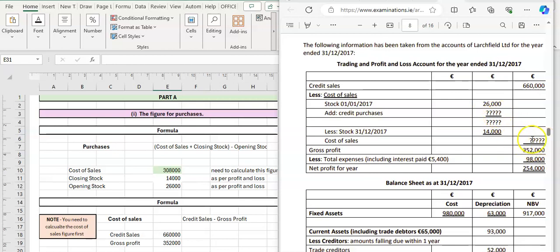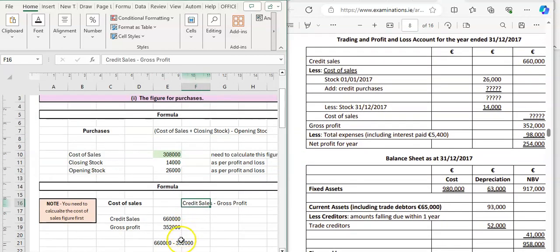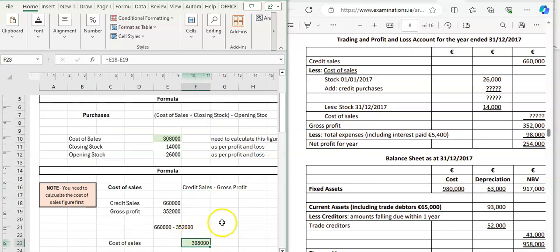It's going to be your cost of sales, add your closing stock, take away your opening stock. But in this question, it's not giving my cost of sales, so I have to calculate that first, which is my credit sales, take away my gross profit. Credit sales take away gross profit gives me 308,000.